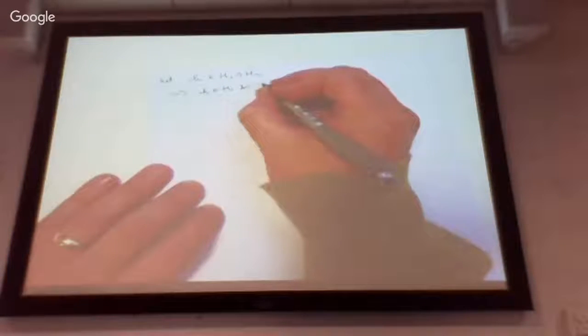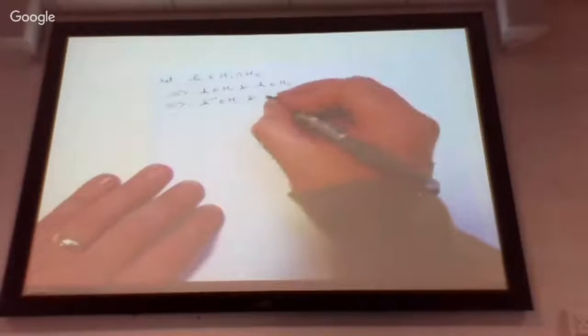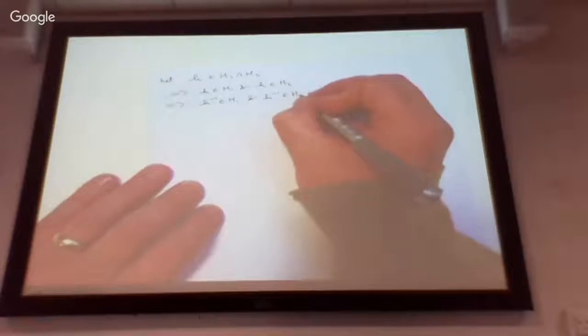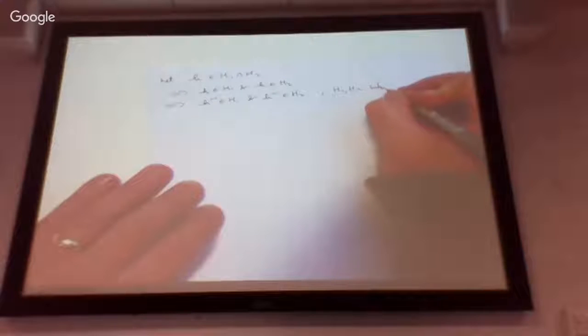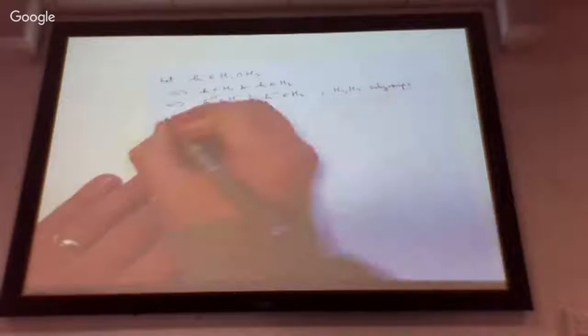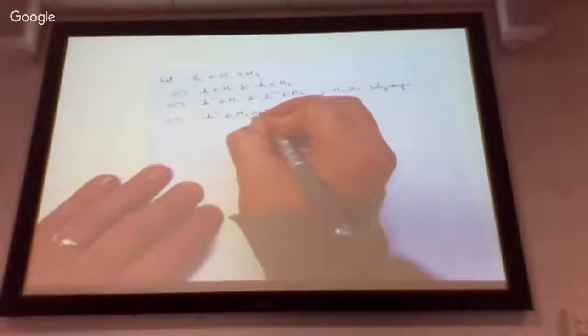H is in H1 and H is in H2, but that implies H inverse is in H1, since H1 is a subgroup, and H inverse is in H2, as H1 and H2 are subgroups. But then, of course, H inverse must also be in the intersection. It's in both.